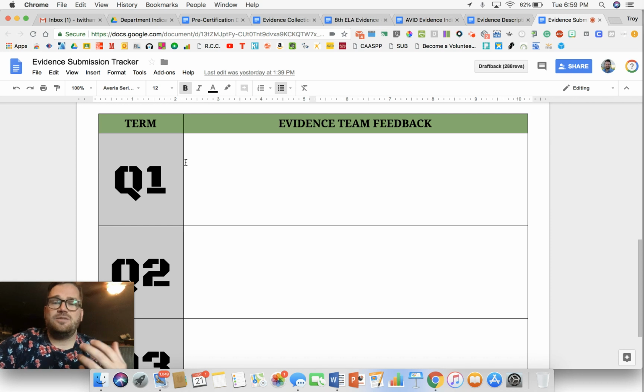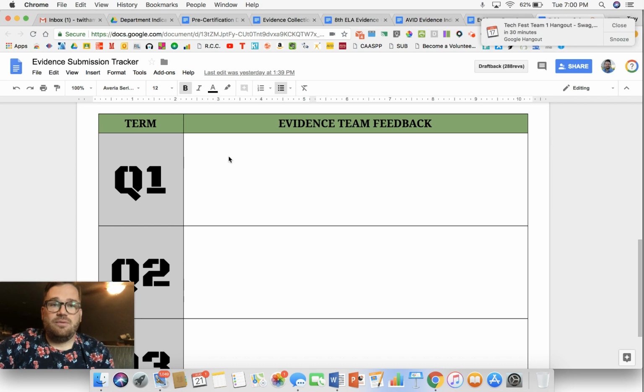Or if, for instance, we have a teacher who submits something that they say fits into a few different areas, or maybe they've only selected a couple and it really isn't a great example of what we're looking for, or it shows us that maybe this teacher needs some additional coaching on how to really get this strategy to work best in their room, that enables us to suggest that here, and we can tell them, hey, we'd like to talk to you about this piece of evidence.